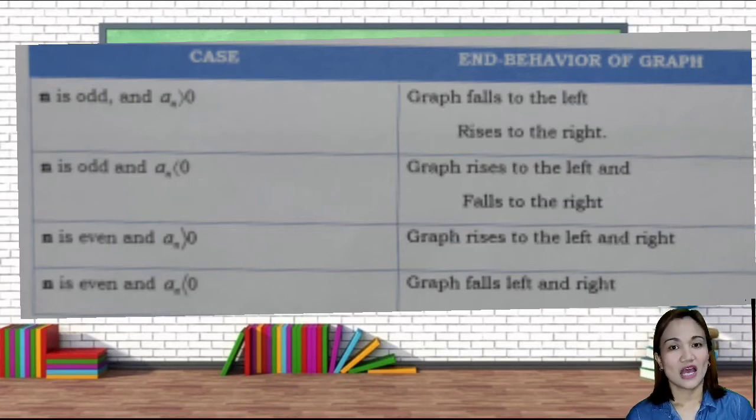I repeat, if n is odd, if the degree is odd, and the leading coefficient is greater than 0, the end behavior of the graph is, sabi niya, the graph falls to the left but rises to the right.